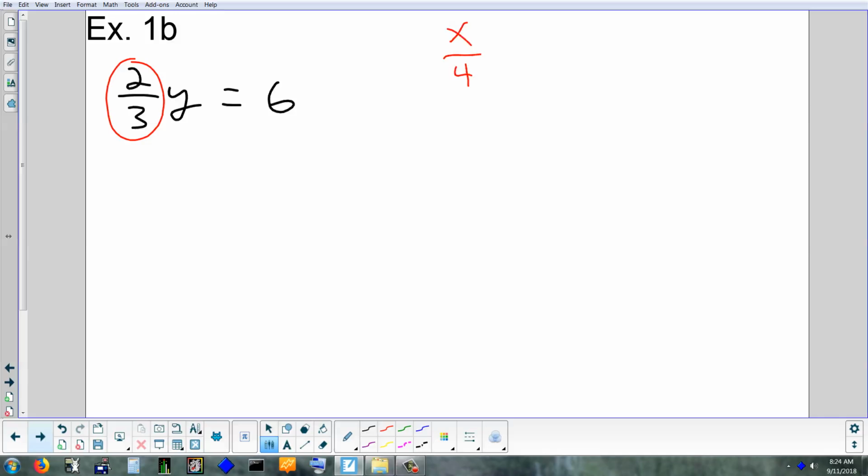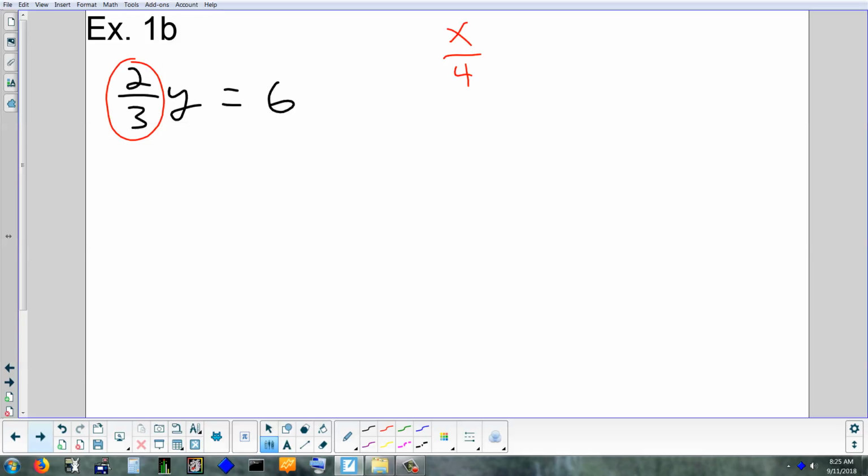So step one, Paige, step one's kind of done for us. Why is that? Because we already found the number. And what's the number? 2/3. The number attached to the variable, which is y, is 2/3. Great. What can I do now, Nathan?